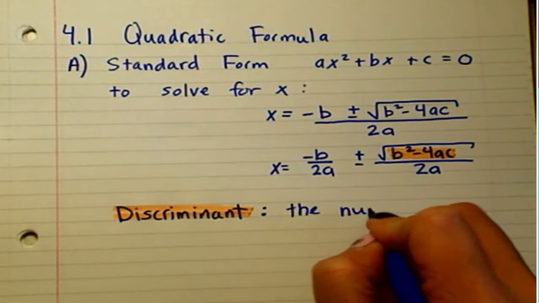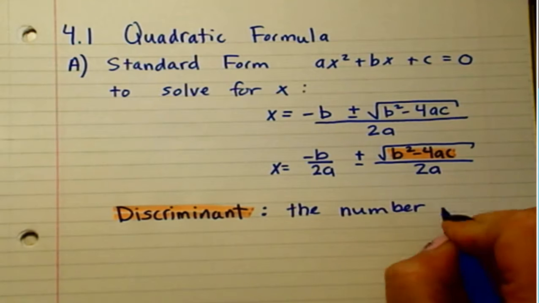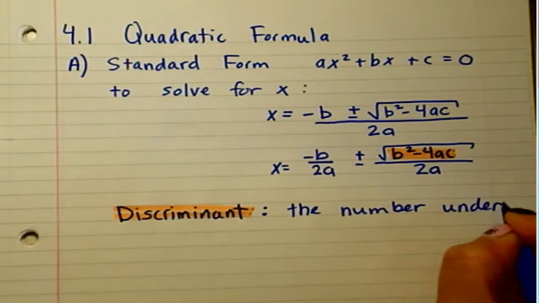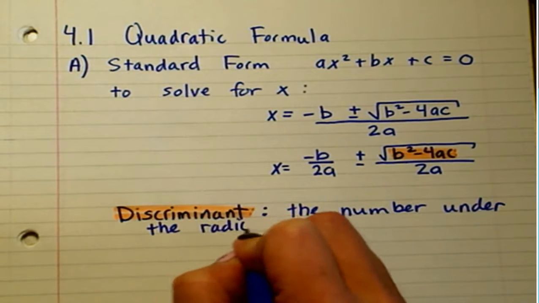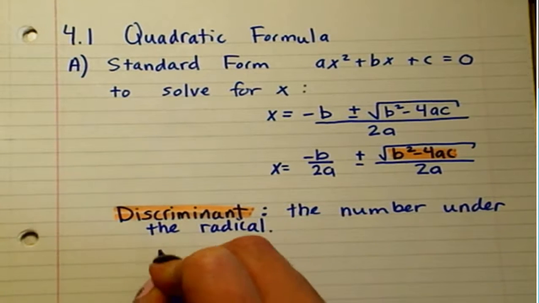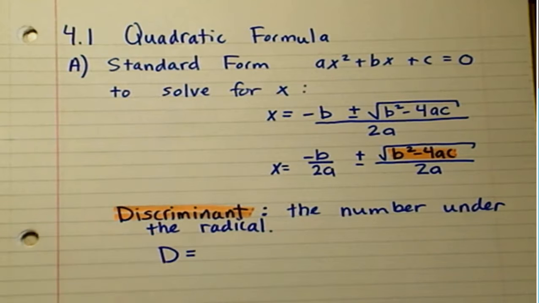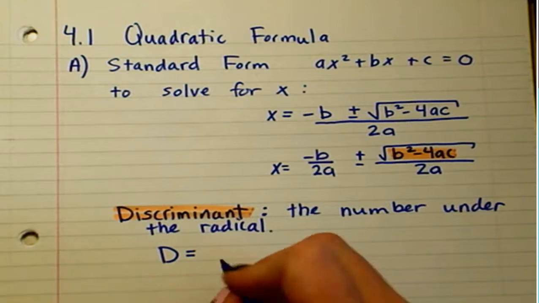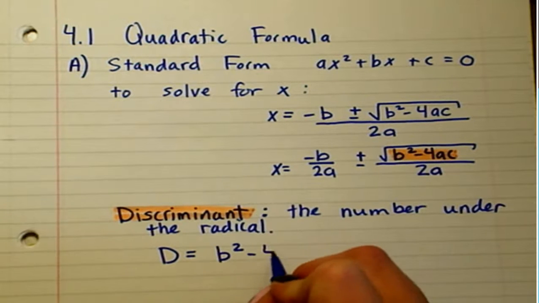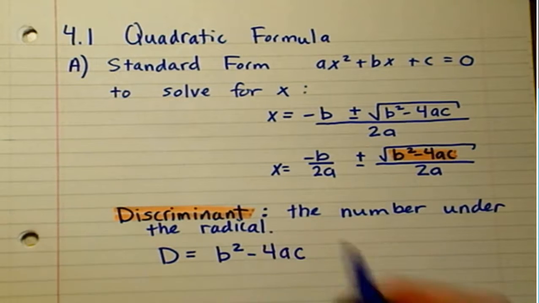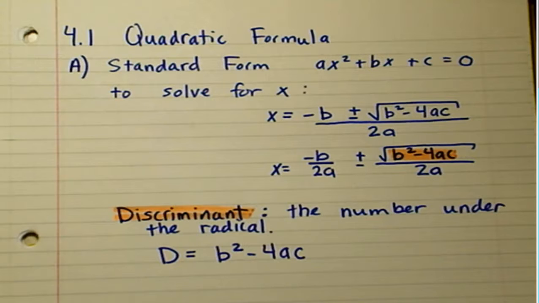So usually I use the letter D for discriminant. The discriminant is just the b squared minus 4ac number. Notice that there's no radical. Okay, it's the number that is under the radical.